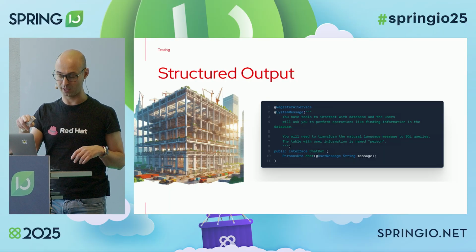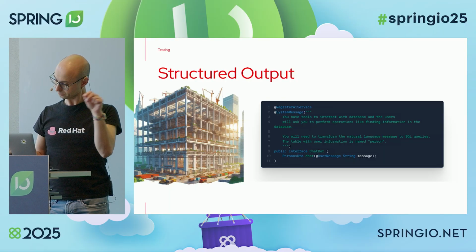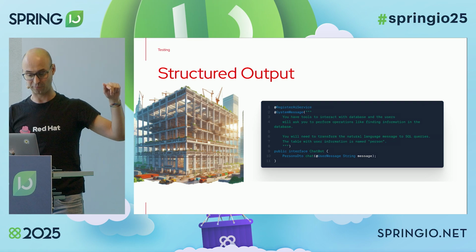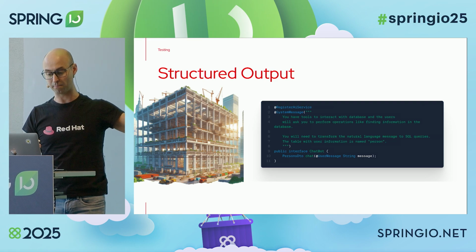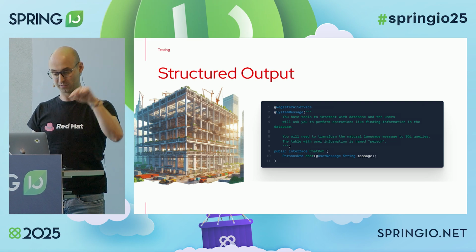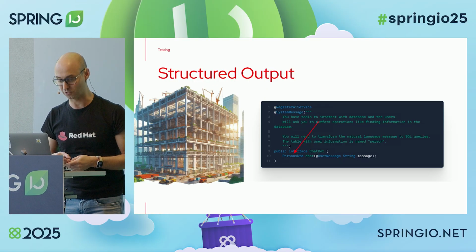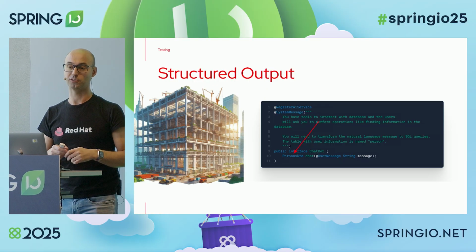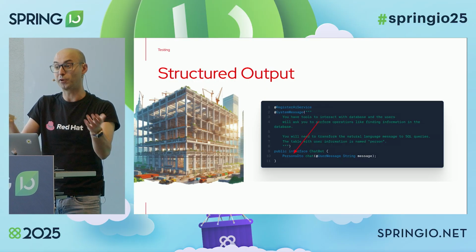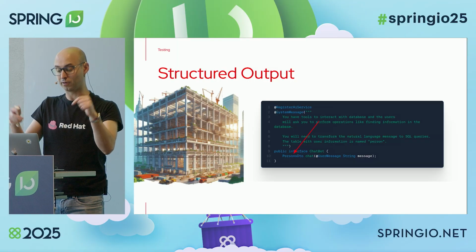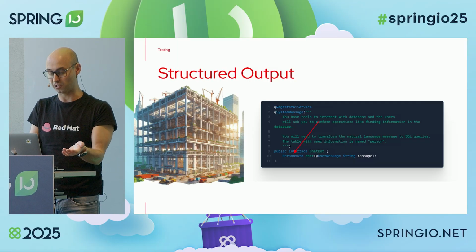This is an example with LangChain4j. Basically, you see that I created an interface named chatbot. I put the system message, and as a parameter I set the user message. You see the return type is persons DTO, which is a record that internally is a JSON.